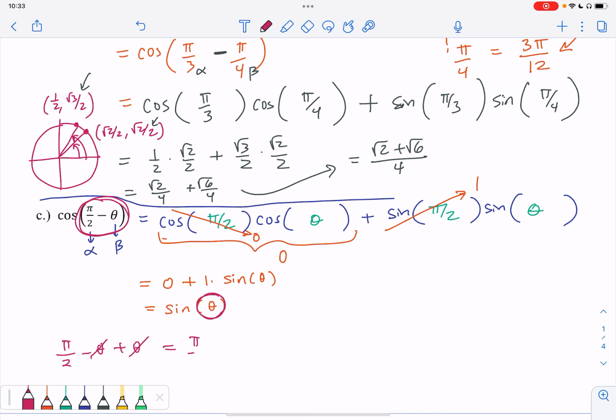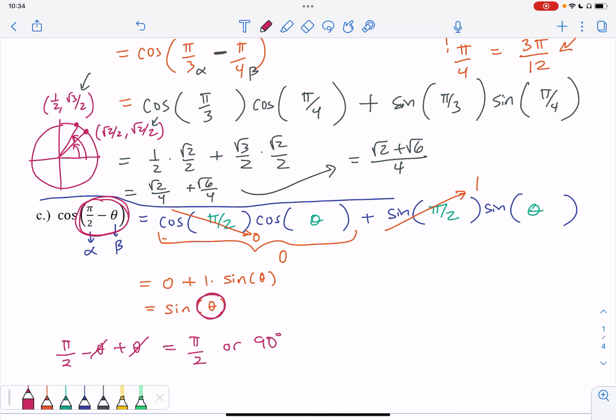These add up to pi over 2, which we can also write as 90 degrees. So what I found is that this is really just my cofunction identity, which says that I have the cosine of this starting angle is equal to the sine of this other angle.